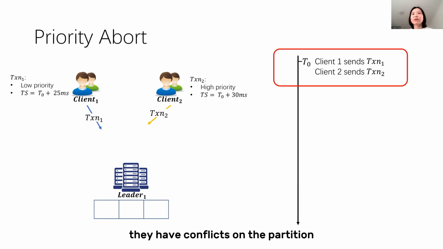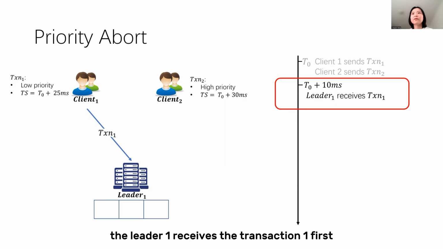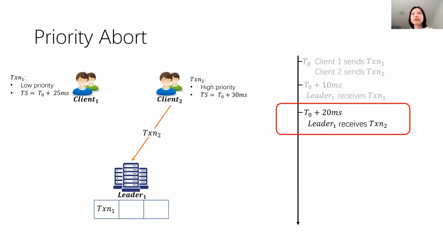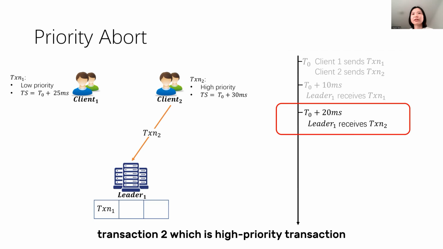They have a conflict on the partition, otherwise we will process the transactions in parallel. Leader 1 received transaction 1 first. Instead of processing it right away, leader 1 buffers the transaction until its execution time based on the transaction timestamp. Then leader 1 received transaction 2, which is the high priority transaction.